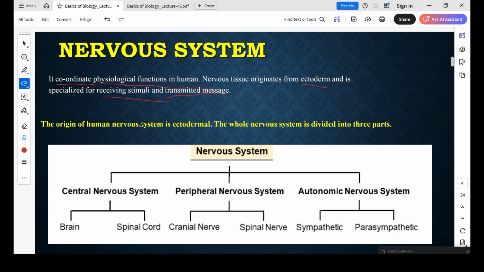So, the origin of human nervous system is ectodermal, which implies that it originates from the ectoderm layer. The whole nervous system is divided into three parts: central nervous system, peripheral nervous system, and autonomic nervous system. Central nervous system itself constitutes of brain and spinal cord.